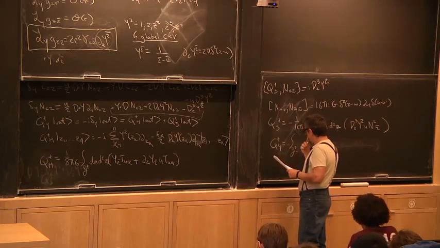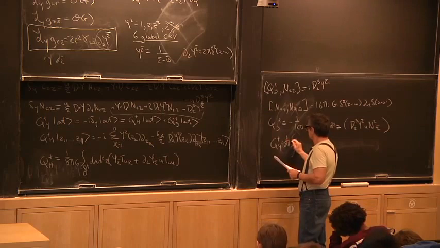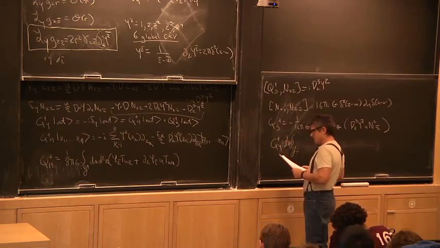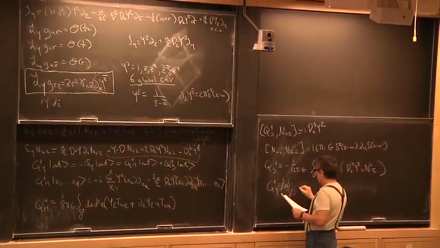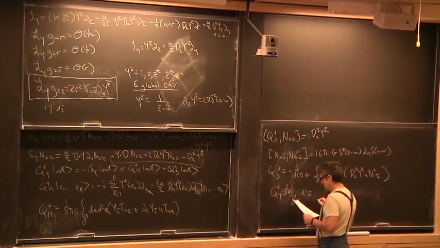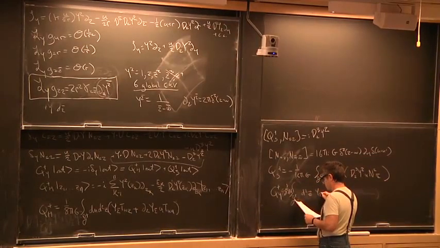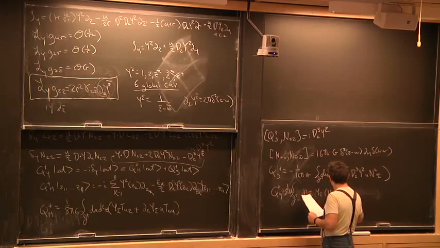I'm going to put a 1 over 8 pi G here. D squared z, yz bar, nz minus u dz mb.